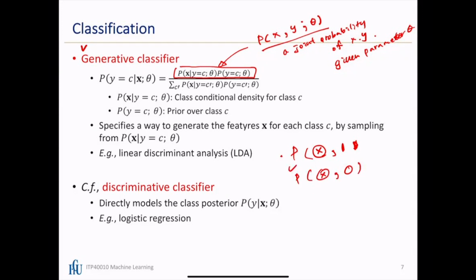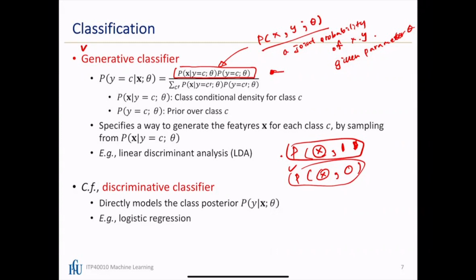If the first one is larger, your decision is 1. If the second one is larger, your decision is 0. One common problem with joint probability is that the search space for estimating it is quite large. So in order to make this computation possible, we decompose the joint probability in this way.